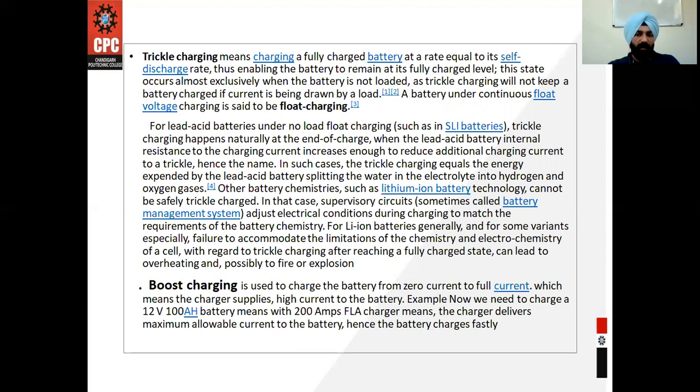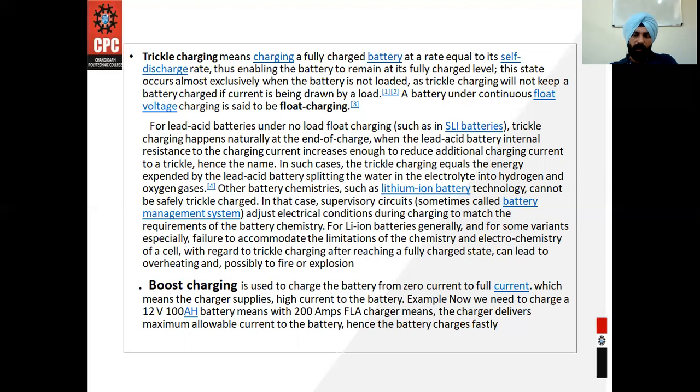A battery under continuous float voltage charging is said to be on a float charge. For lead acid batteries, under no load, floating charge trickle charging happens naturally at the end of charge.